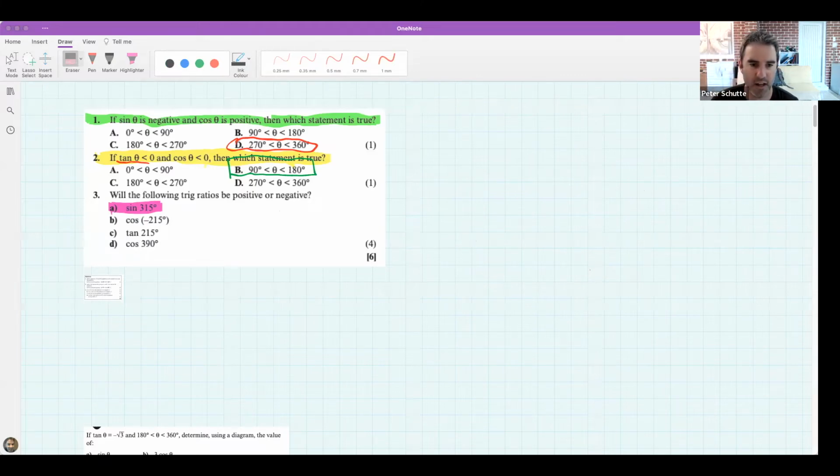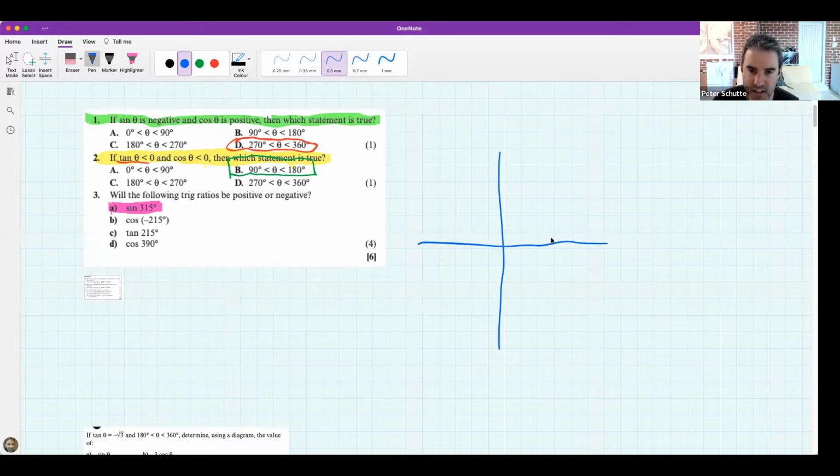Okay, now, how did we know it was negative? Well, we knew it was negative because it was in quadrant number 4. In this quadrant, sine is negative because remember, cos is positive here.